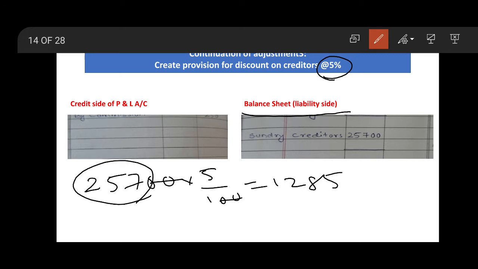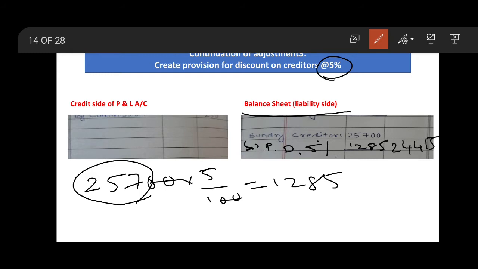So 1285 on sundry creditors. It is a provision, so less provision for discount at 5%, this is minus 1285. How much will you get outside after deduction? You will get 24,415 in the outer column.